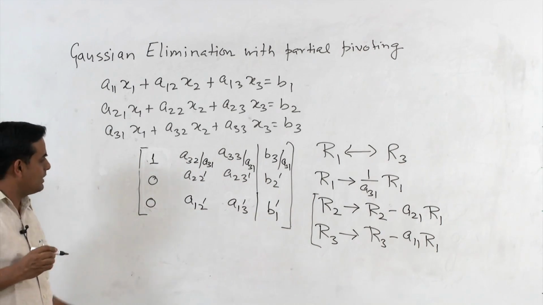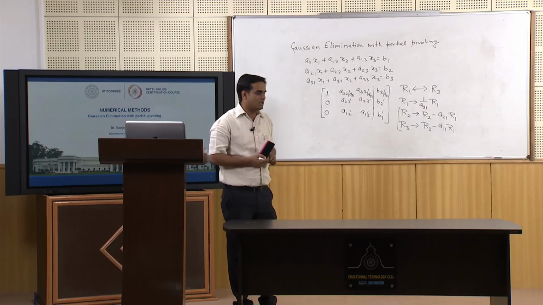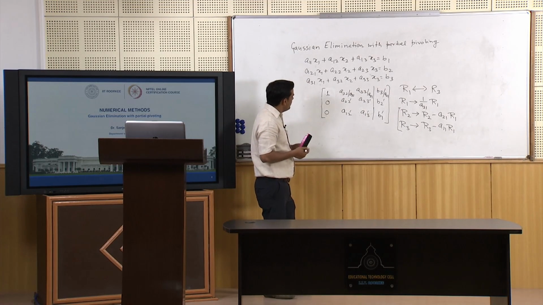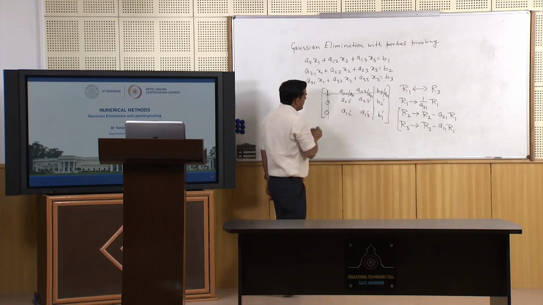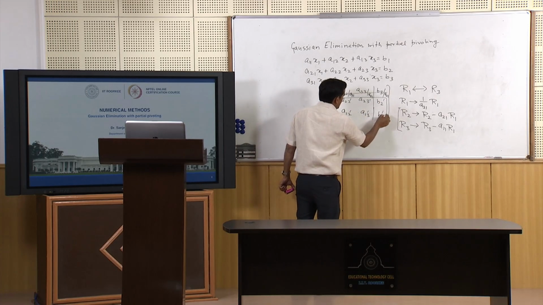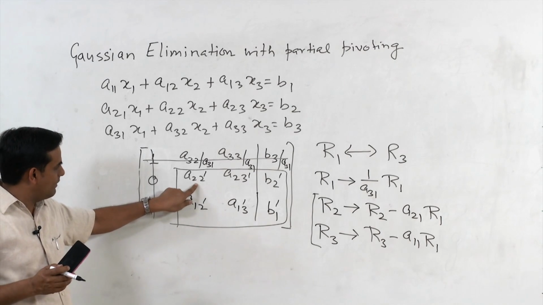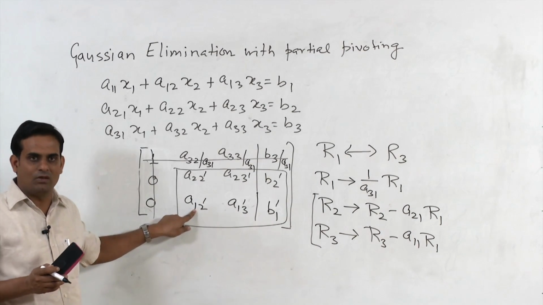So, this is the first pass of Gaussian elimination method with partial pivoting. Now, in the second pass I will leave out the first row and first column and I will perform the same operations in this submatrix in such a way that this entry will become 1 and this entry will become 0.